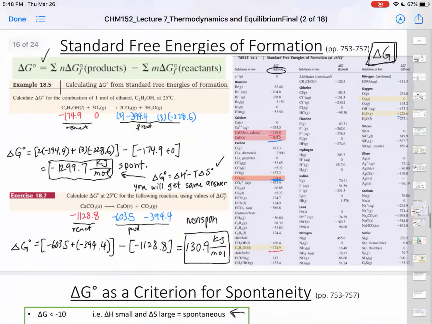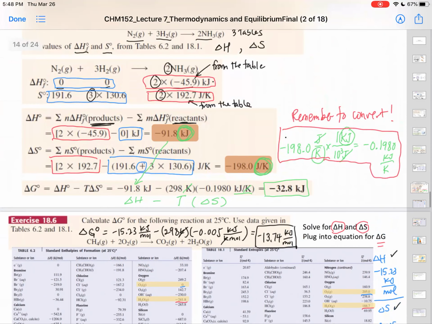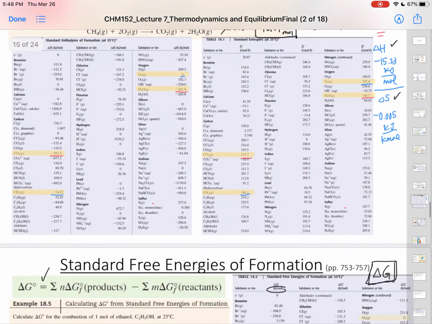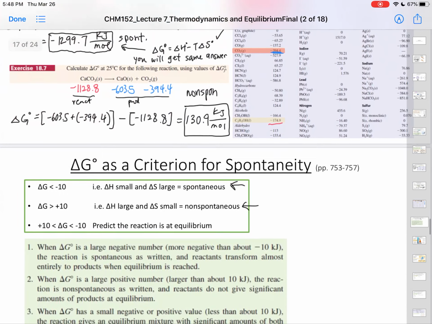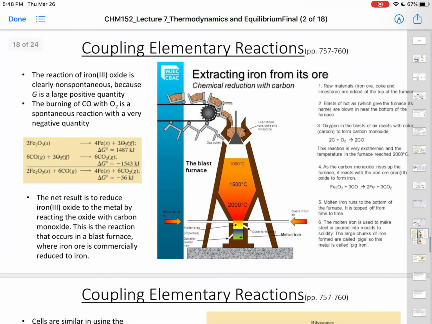We can look back even further. In this situation, we've got a minus 13. Minus 13 would be the first one, so we would say this is spontaneous. This would also be spontaneous because it's negative and less than negative 10. The whole idea is you calculate the Gibbs free energy and then you label the reaction as spontaneous, not spontaneous, or at equilibrium.